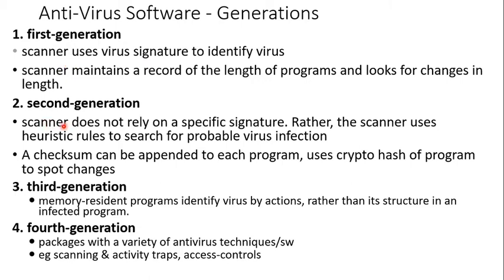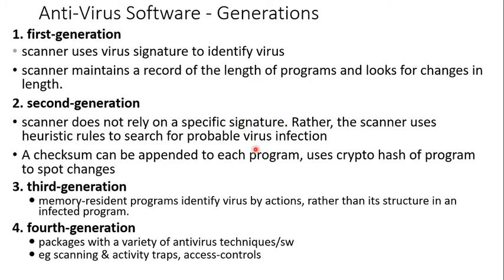In the second generation, they did not depend only on the signature, because whenever new viruses were generated, the signature of the virus did not remain the same. The signature used to change and modify. In such scenarios, they did not depend only on signatures.